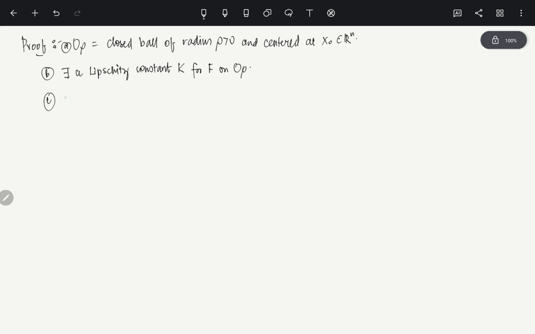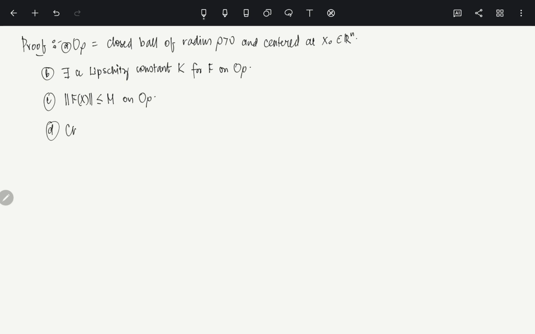Now norm of f of x is always bounded by M on O rho. Again, O rho is compact, right? f is a continuous function on a compact set, so there is a bound, the maximum, which we call M.